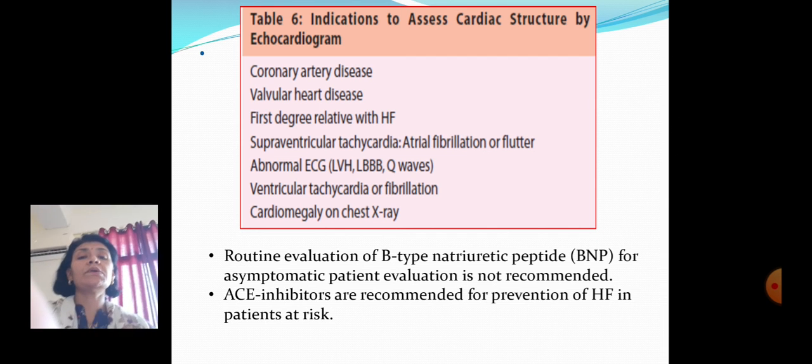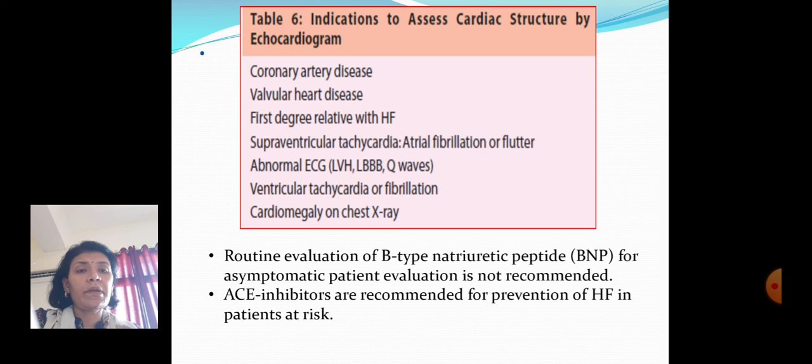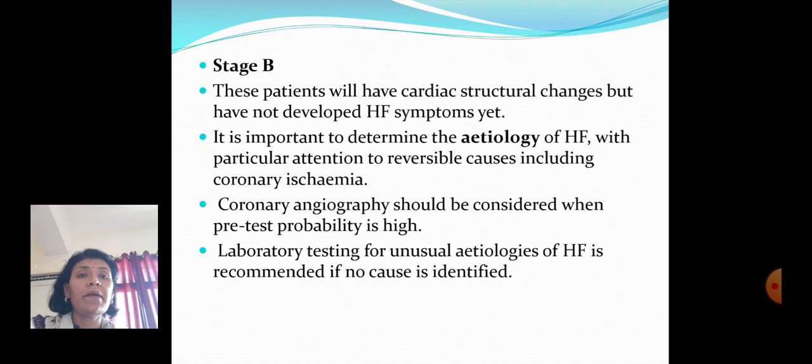All these patients should undergo echocardiography. Routine evaluation of BNP for asymptomatic patient evaluation is not recommended. ACE inhibitors are recommended for the prevention of heart failure in the patients at risk.